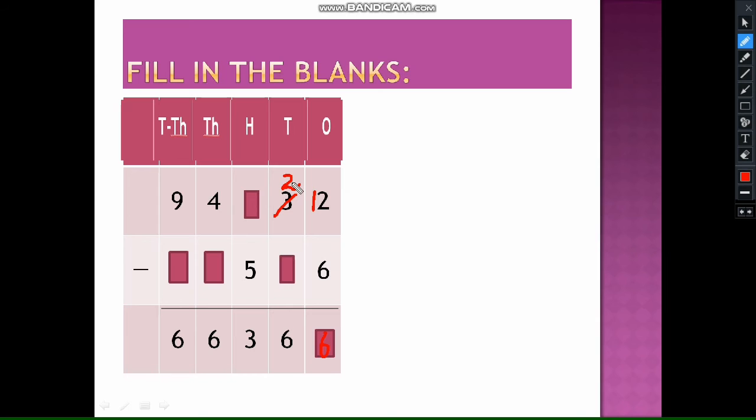Now over here we have 2 tens, right? And we have to find out the subtrahend to get the result as 6. Now we can see over here the number to be subtracted is 5, and the result which we are getting is 3.